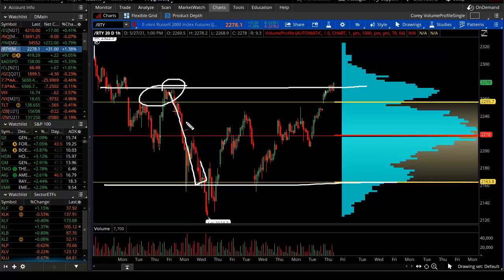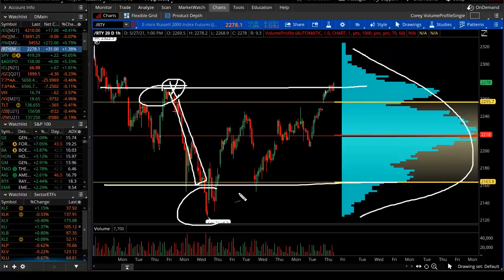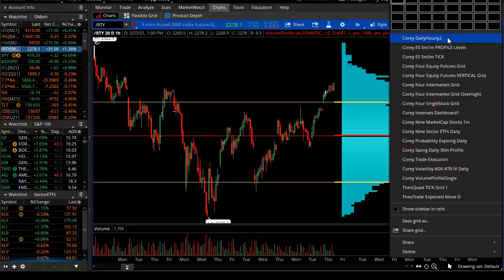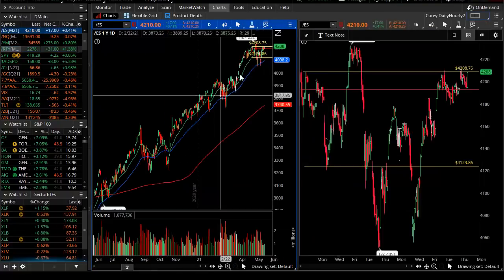And again, logic favors a down move when we find ourselves above or into that top of the profile and just kind of tilted on its side. And probability favors a move to the upside whenever we find ourselves at the lower bound of the profile. And that logic would hold for weekly expected moves as well.